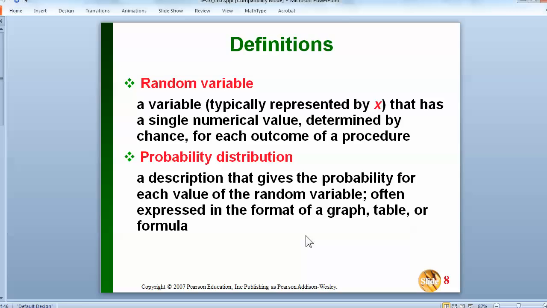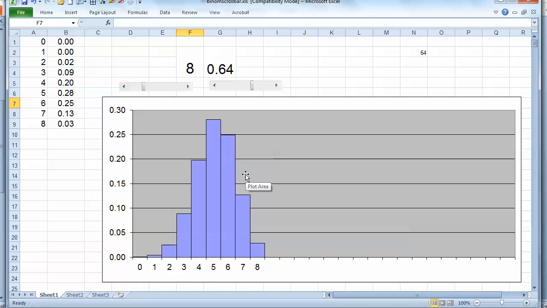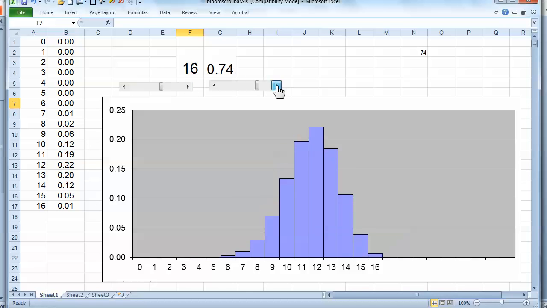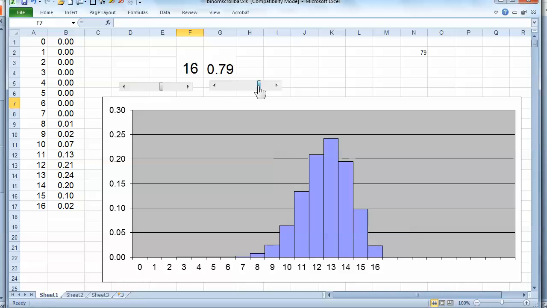Okay, so now here is an example of a binomial probability distribution where we have here the sample size, or the number of trials, being 8, and the probability of success, the constant rate of success, being 64%. But we can change it around dynamically, so we could make the size bigger, and then we could make the rate of success bigger or smaller.